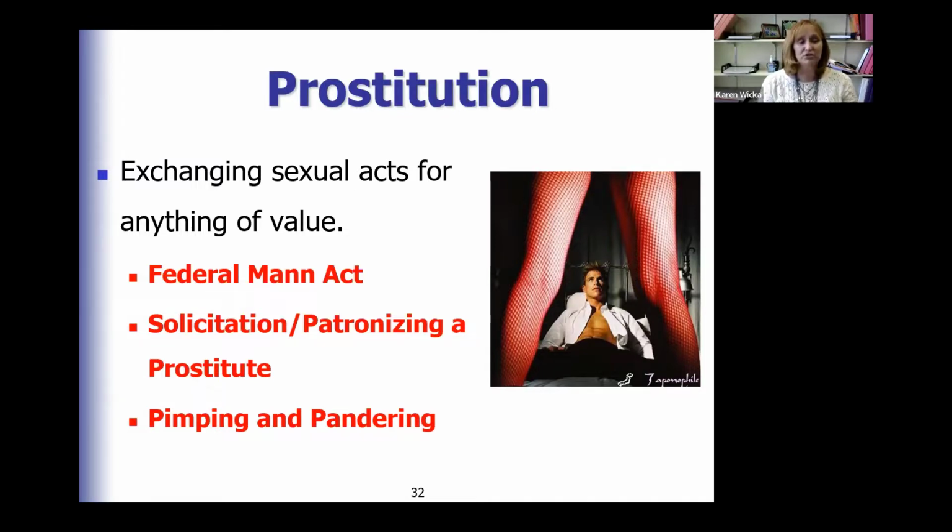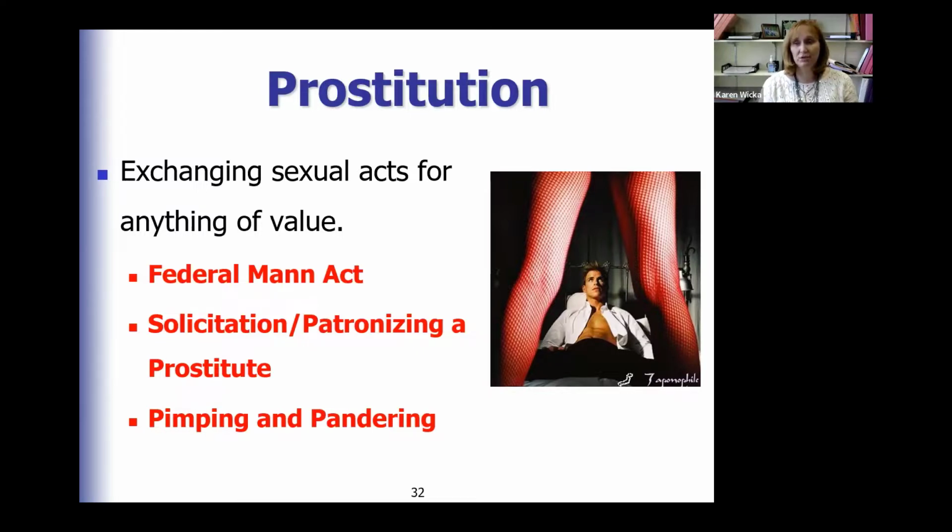Now, we have certain crimes that are included in this. There's a federal prostitution act, which is called the Federal Mann Act. This makes it a federal crime to transport prostitutes across state lines. So if you know somebody is engaging in prostitution and they are transported across the state line, that violates the Federal Mann Act.